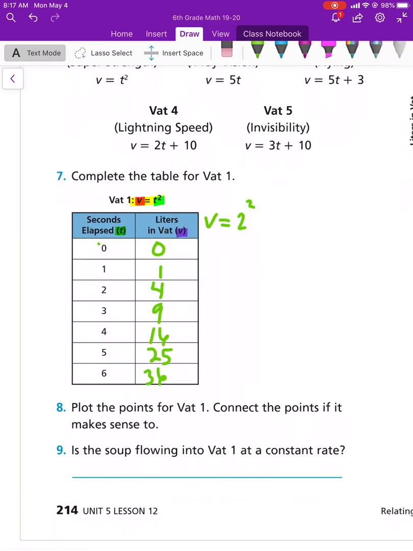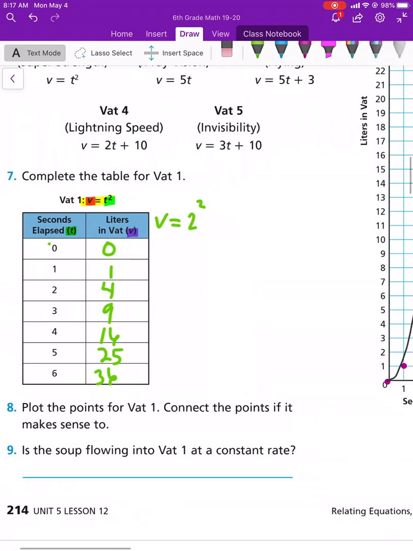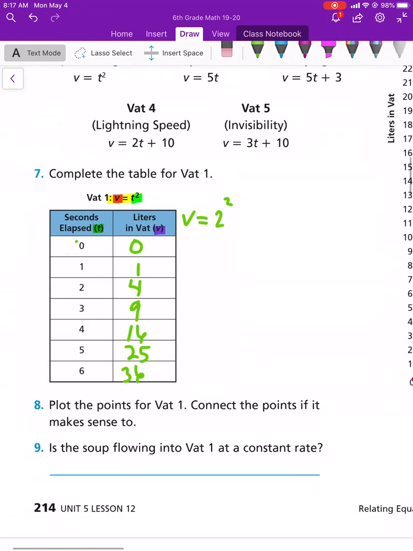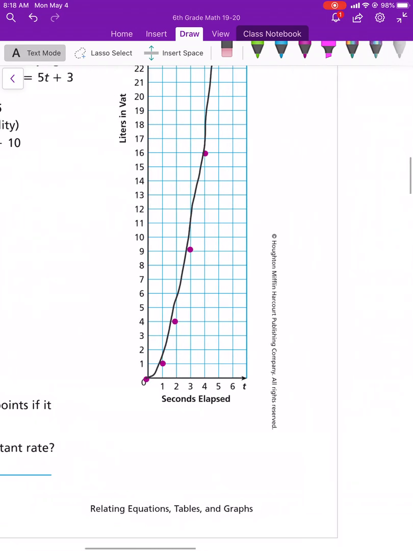So is the soup flowing into vat 1 at a constant rate? Is this constant? The correct answer is no, this is not constant. And the reason is, if I look at these values that go from here to here, and here to here, and here to here, we're noticing that they are not the same. This blue one is not the same as this purple one, right?